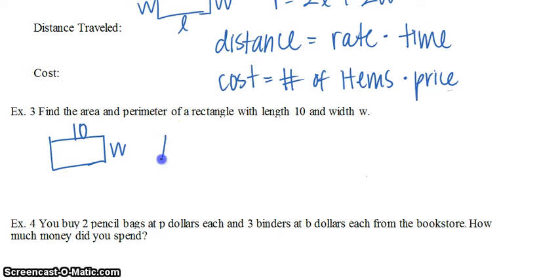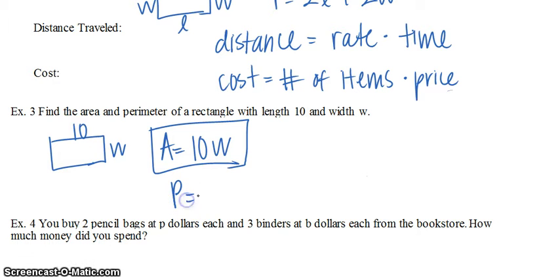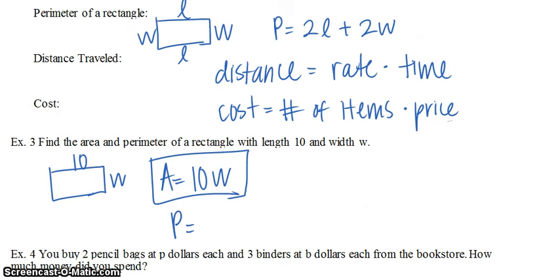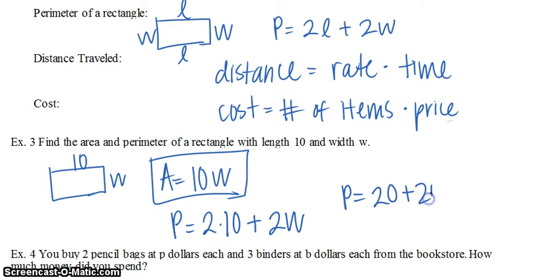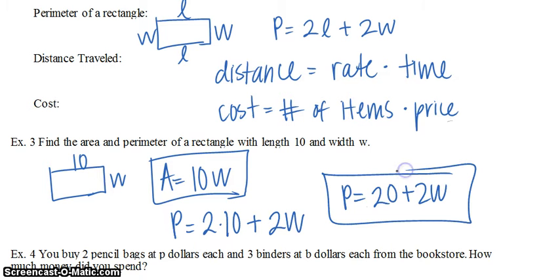Our area equals length, which is 10, times our width, which is W. So all we can do right now is A equals 10W. Now for perimeter, we know that it's 2 times L, so 2 times 10, plus 2 times the width, which is W. So then we would get P equals 20 plus 2W. And that's all we can do right now.